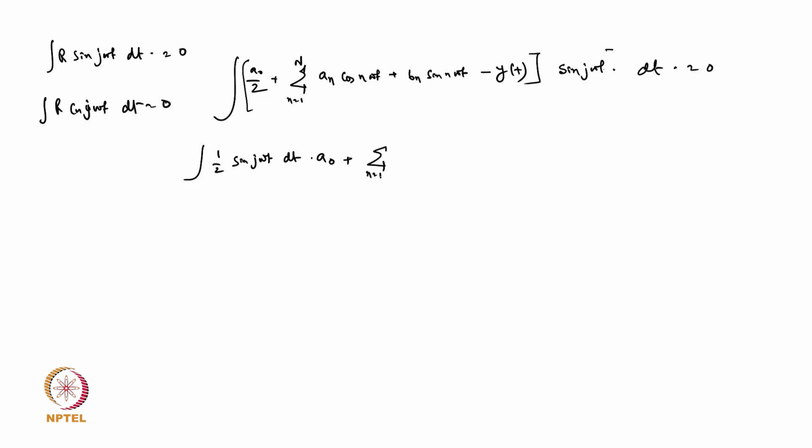summation n equal to 1 to N of the integral of cos n omega t into sin j omega t dt into an, plus the integral, not n here, that n should not be here, of sin n omega t into sin j omega t dt into bn.